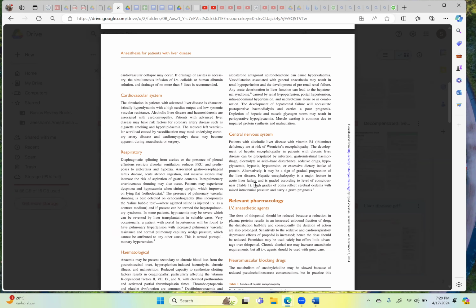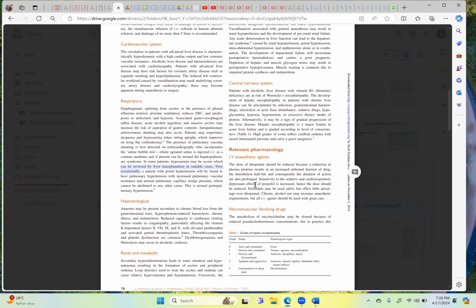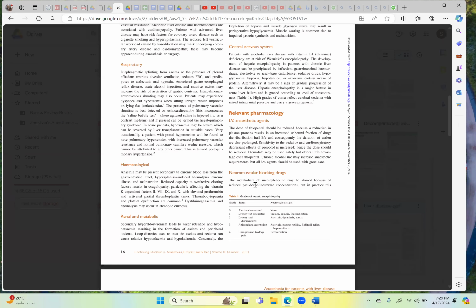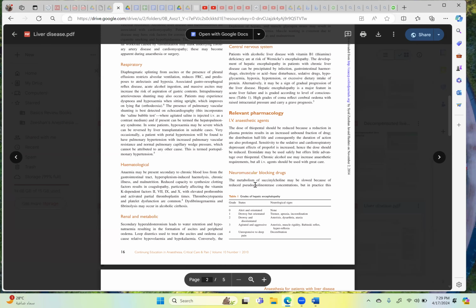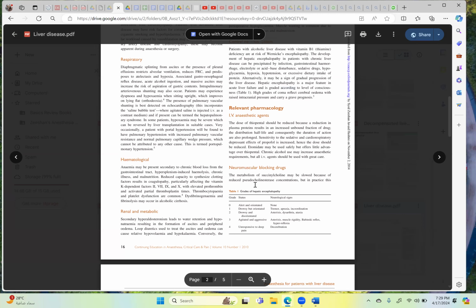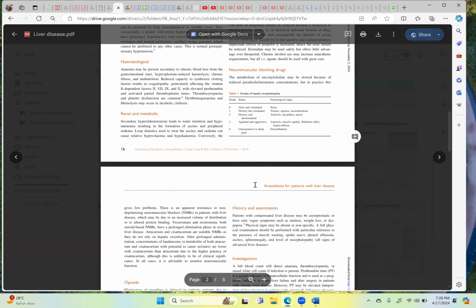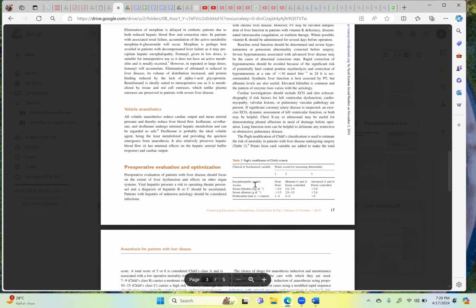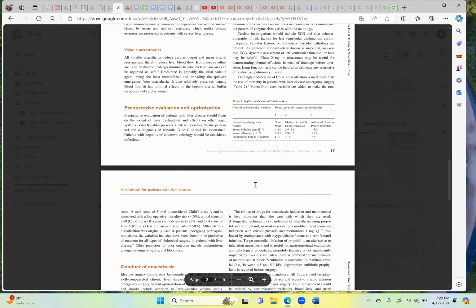Hematological I have already discussed with you. They have mentioned some of the points here. I was just seeing what else I need to explain to you.